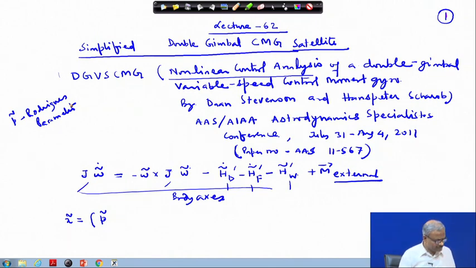If you refer to this paper you will get those parameter values, or you can assume them on your own, it is not a problem. So the states are p, delta omega tilde, psi dot, theta dot and capital omega, which is the wheel spin rate, transpose.